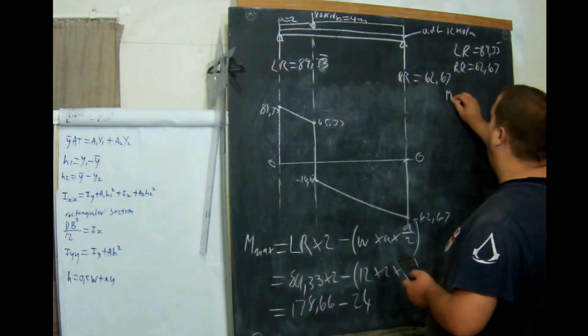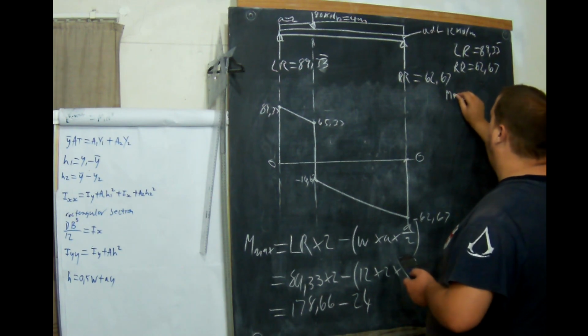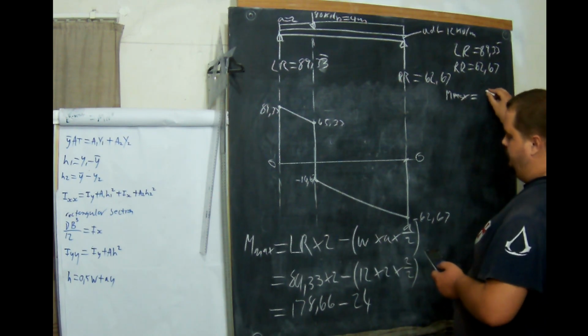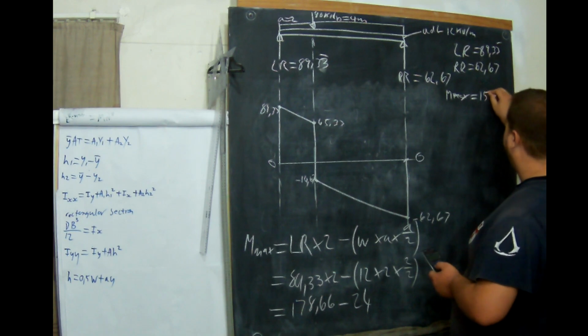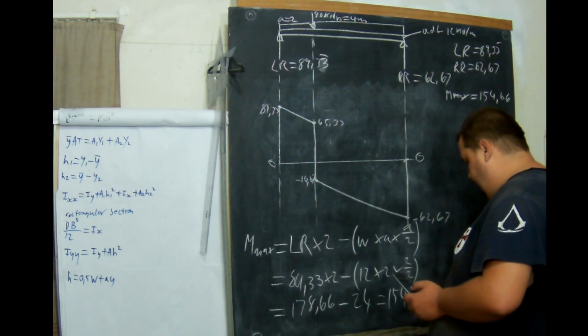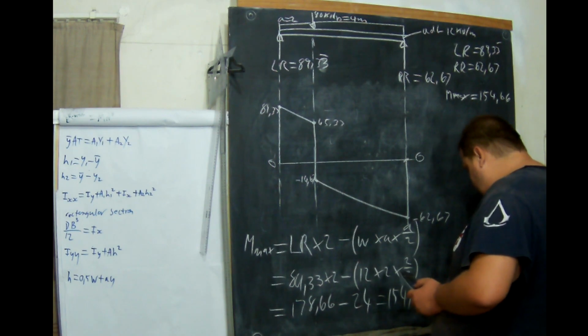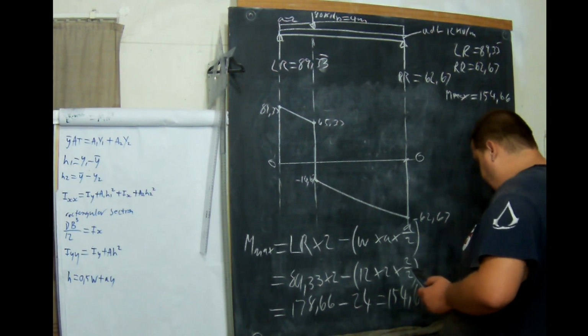So M max is equal to 154.66 kilonewton meters.